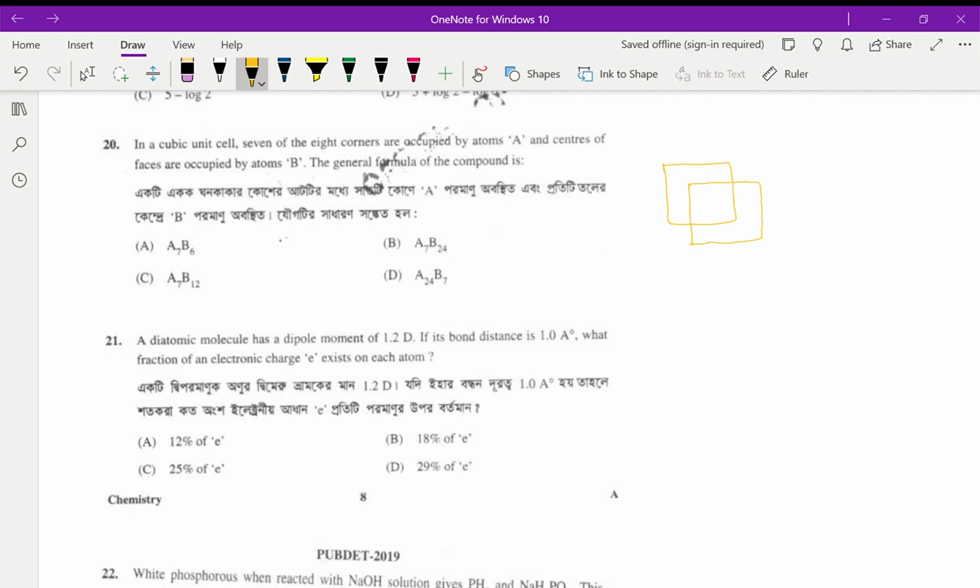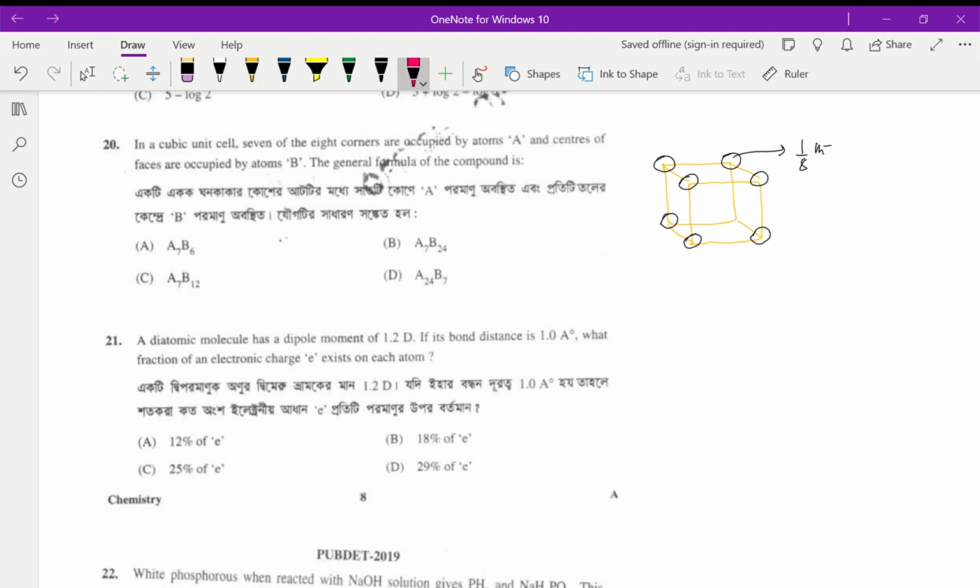The A atoms out here are marked with black circles, and according to the question one of them is missing, so we are not putting the circle in one of the corners. Contribution from the corners is 1 by 8, and these are your A atoms.